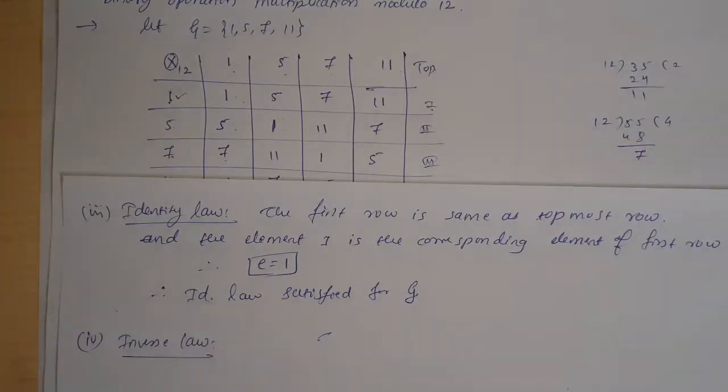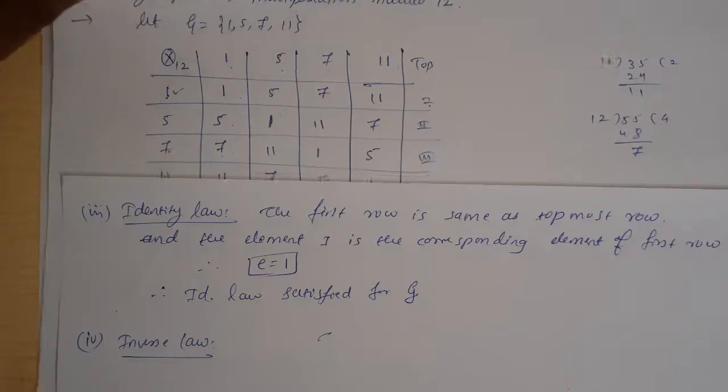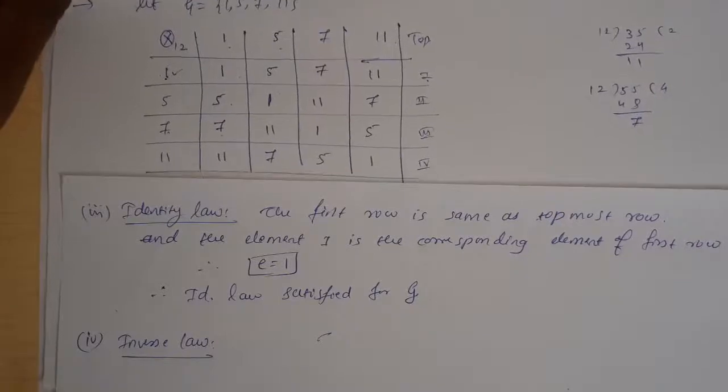This is the inverse law. Here, to find the inverses of all the elements, we should go on searching the identity element in each row.